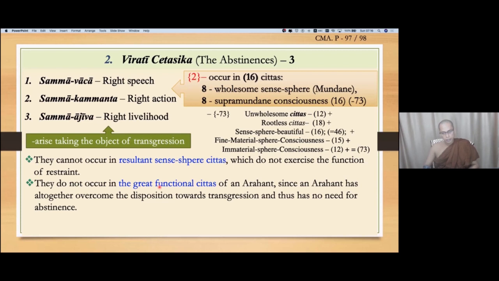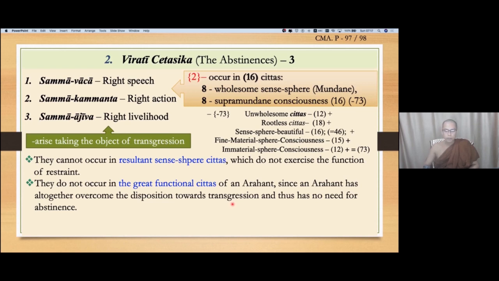Then secondly, they cannot arise with the great functional consciousness too. So Mahakiriya. Because the great functional consciousness arise in the Arahat's mental process. And also the Arahats already overcome the disposition towards transgression. So no reason to transgress, to violate.